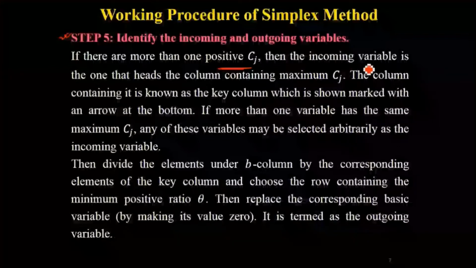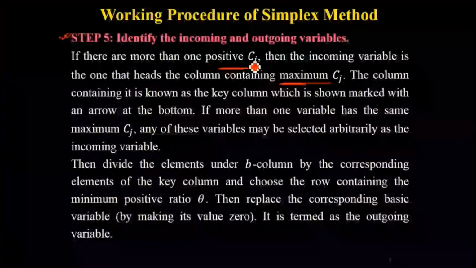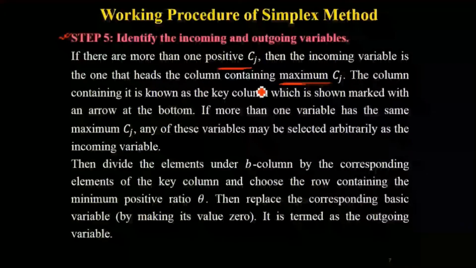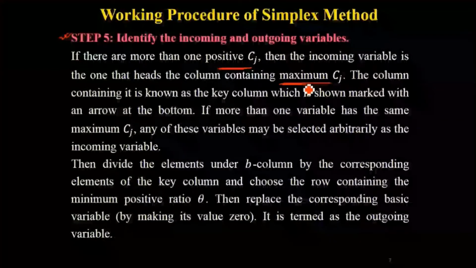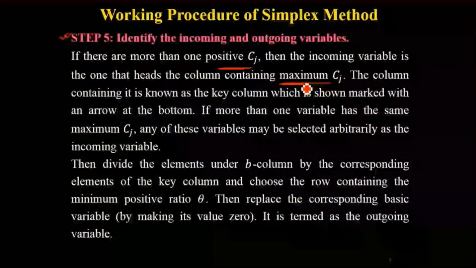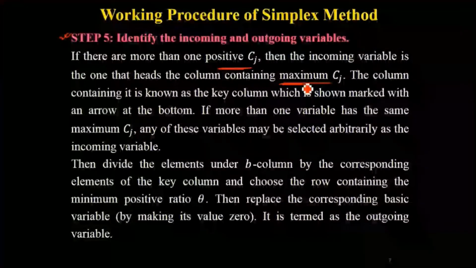The incoming variable is the one in the column containing the maximum Cj.